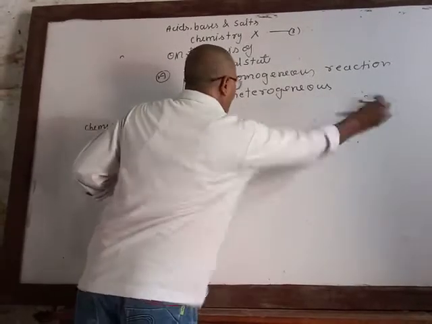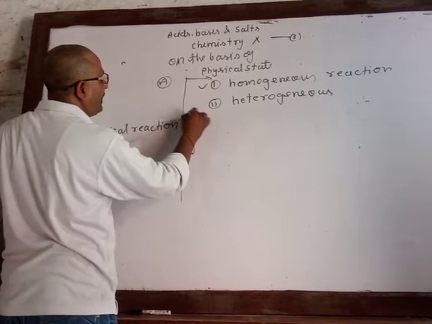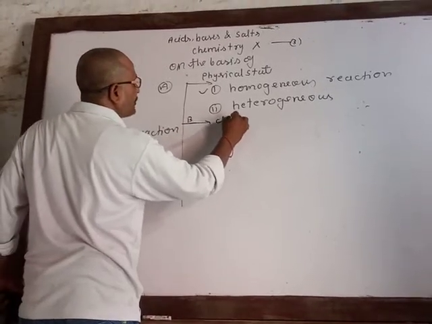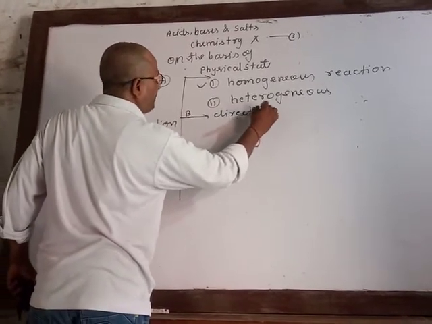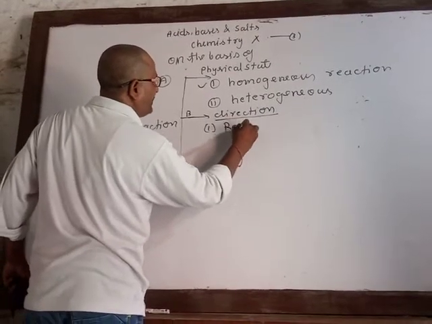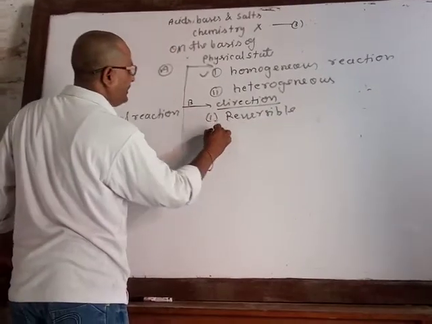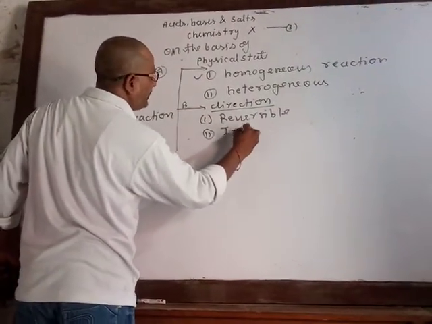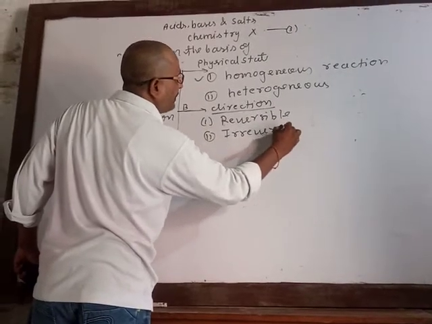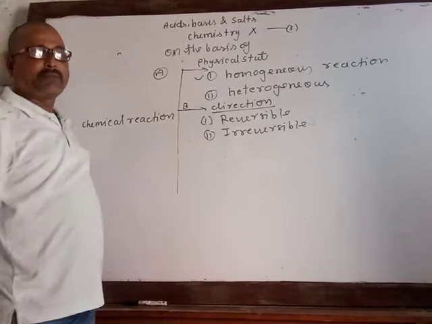Second, B, on the basis of direction. You know reversible and irreversible. Reversible chemical reaction. Second one, irreversible chemical reaction. What is a reversible chemical reaction?